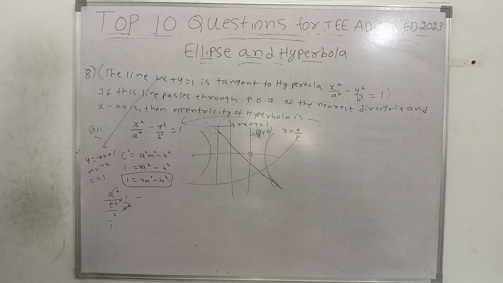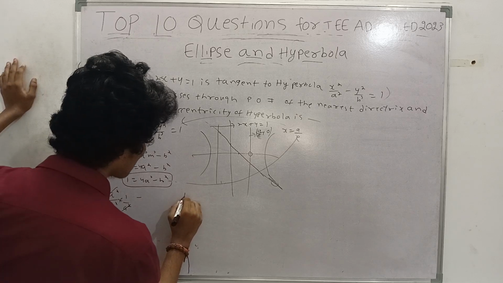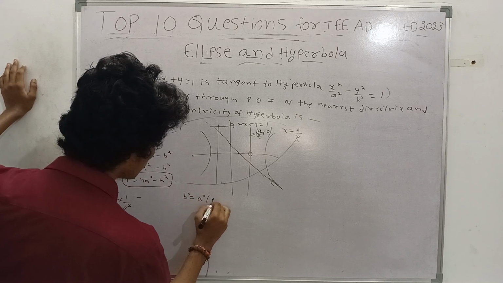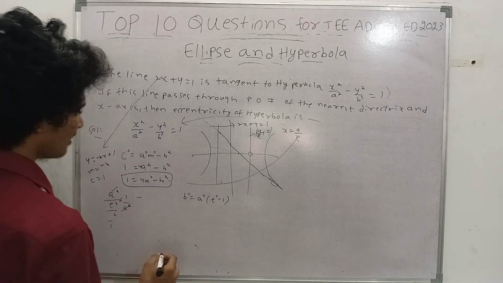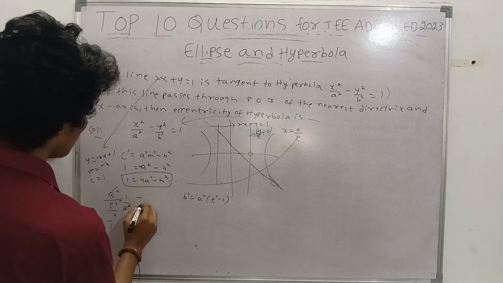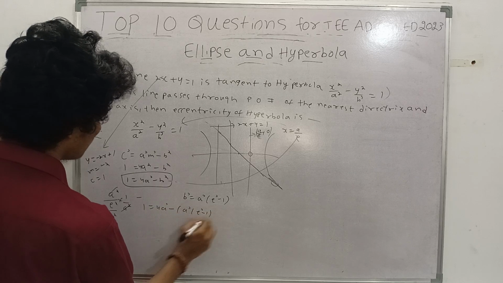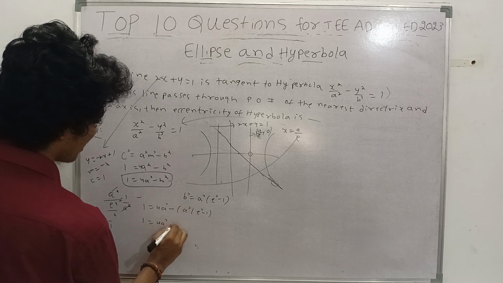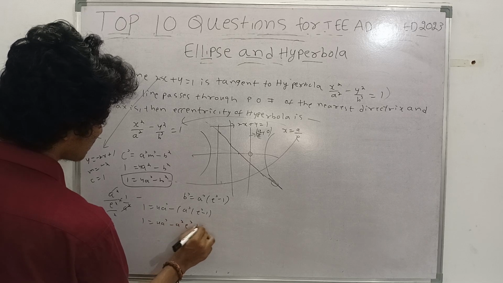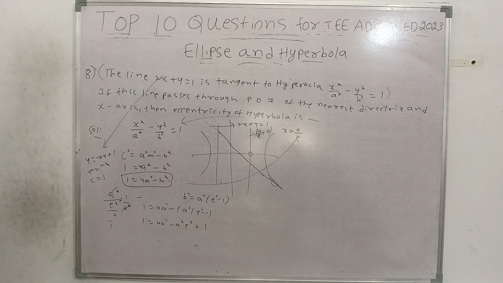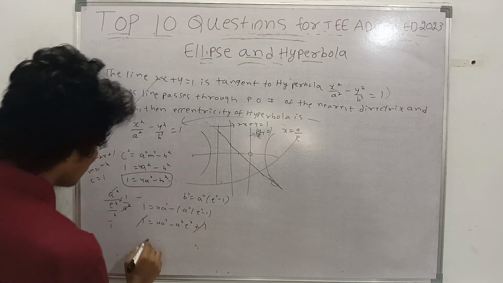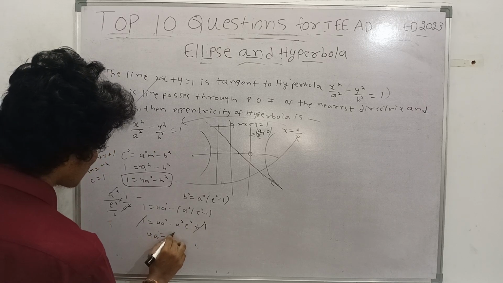So what I can do? We already know the formula of eccentricity. B square equal to A square into E square minus 1. So I can write B square here. 1 equal to 4A square minus B square. I can write A square into E square minus 1. 1 equal to 4A square minus A square E square plus A square. 1 is cancelled. 4A square equal to A square E square.